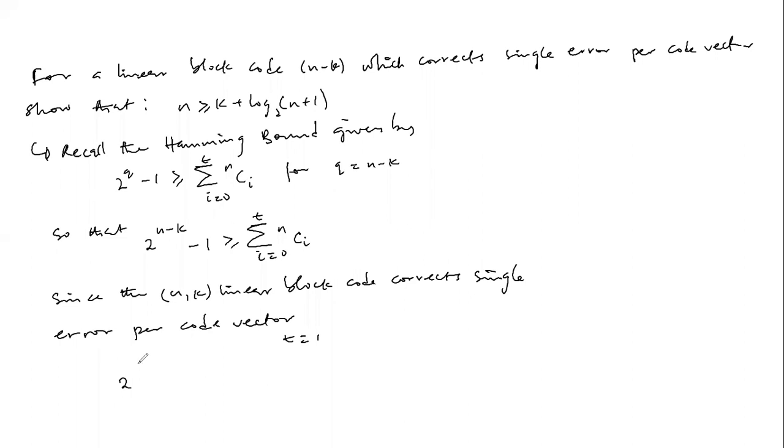So already expanded that. The power of n minus k minus 1 is greater or equal to n combination 1. So 2 to the power of n minus k minus 1 is greater or equal to n factorial over n minus 1 factorial and 1 factorial, right?